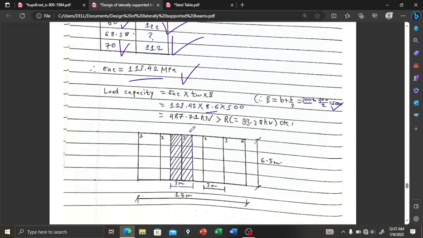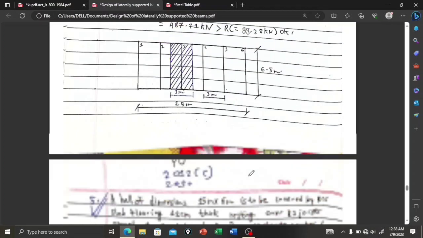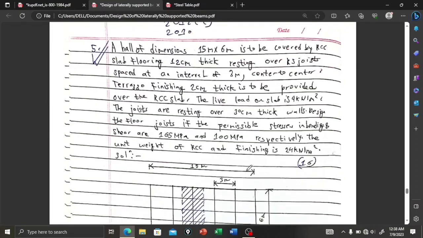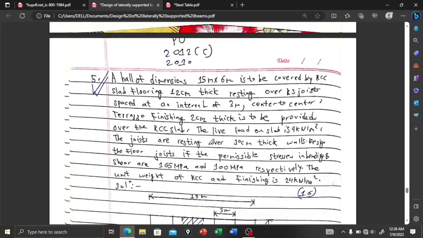So okay, this is the figure, and this is the last question from this chapter, design of beam.